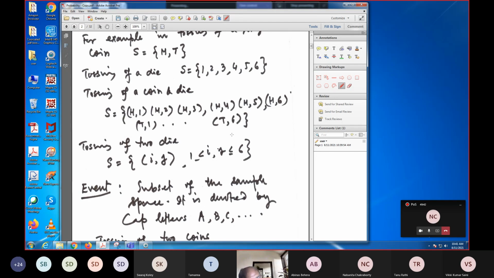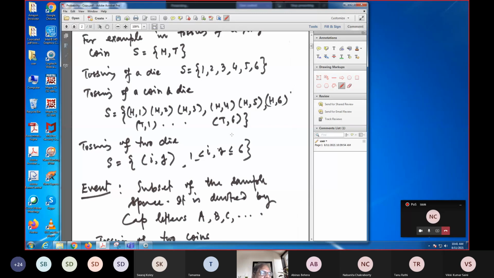The word event is not necessarily used only in this experiment. In other places also, say a particular bus arrives at a certain stop. That is an event if I consider the arrival of a bus. So event is a very general word.